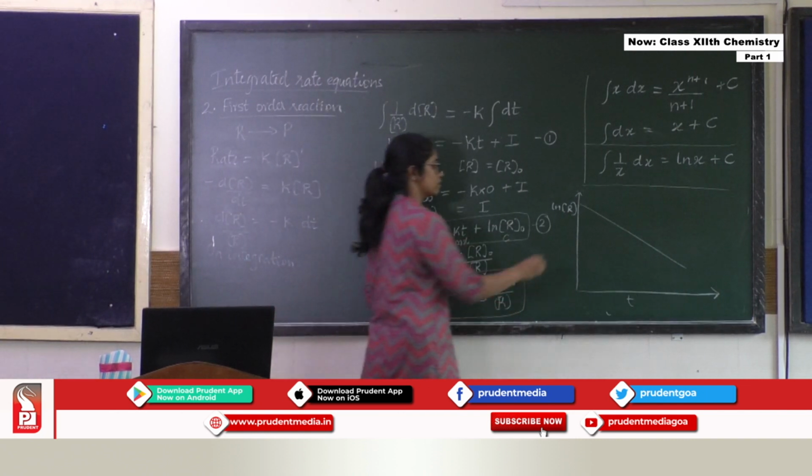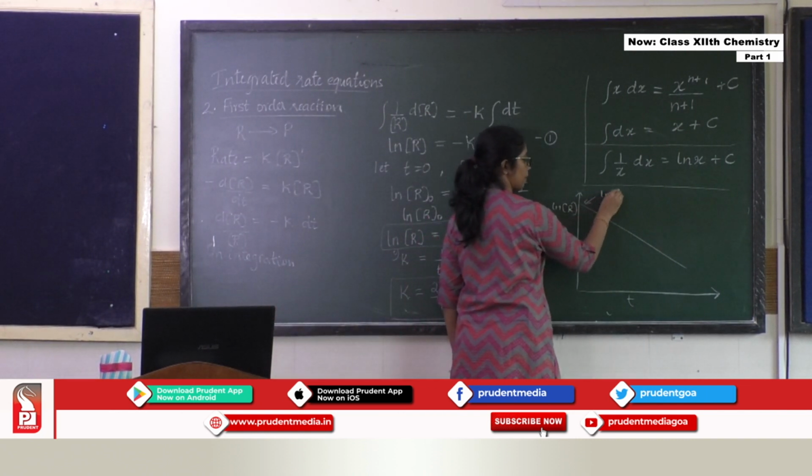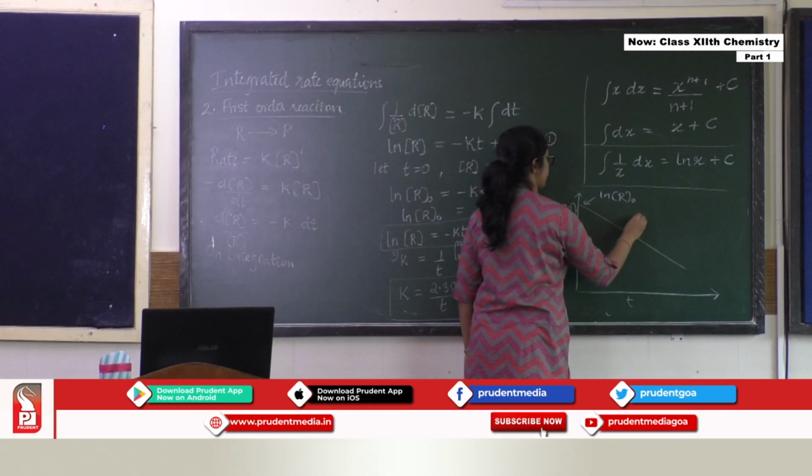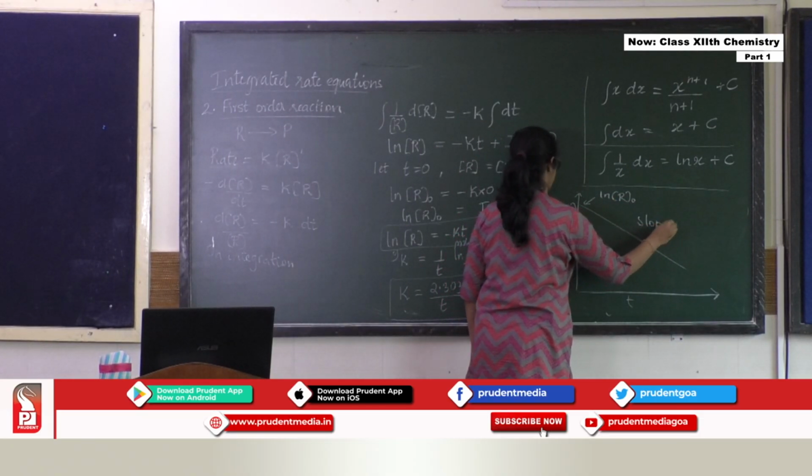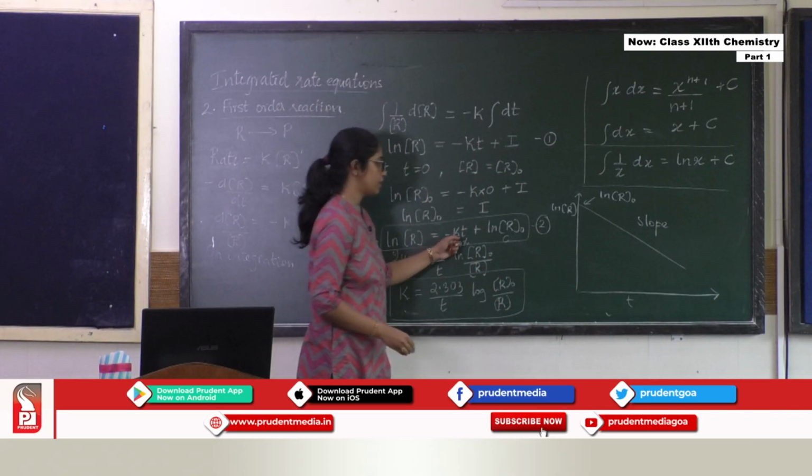The intercept here is ln of R naught, and the slope is going to be equal to minus k.